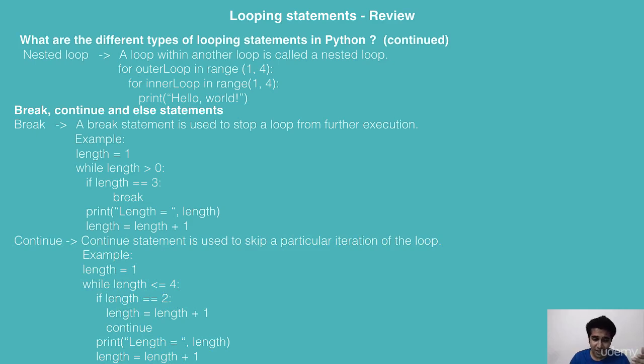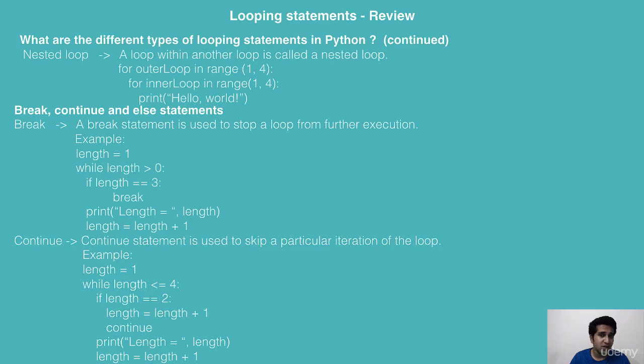Next, what we saw is the continue statement, which will skip a particular iteration of the loop. A break statement completes the loop from further execution when a condition is met, but a continue statement skips just one particular iteration of the loop. In this example, initially the value of the variable length is 1, and in our while loop, we run this loop as long as the value of length is less than or equal to 4.